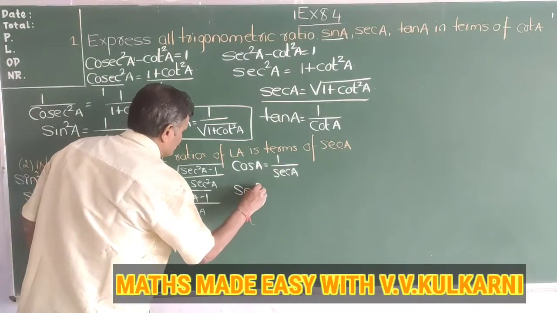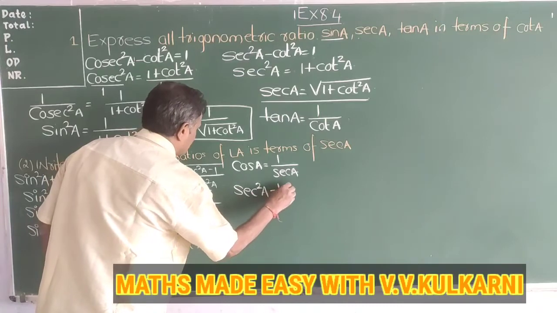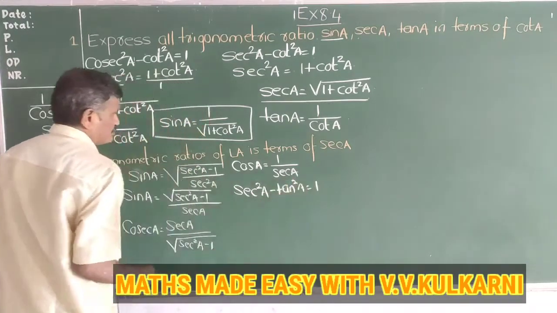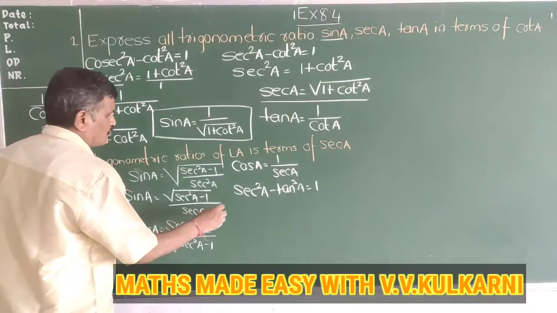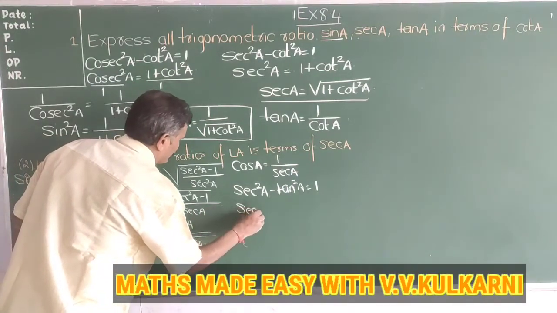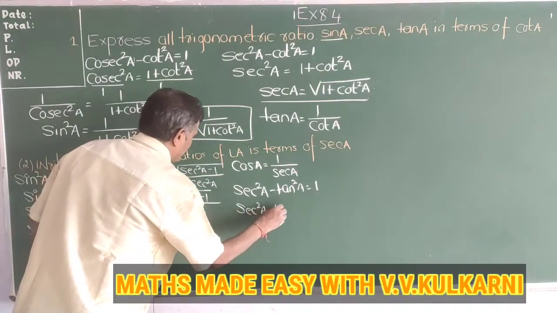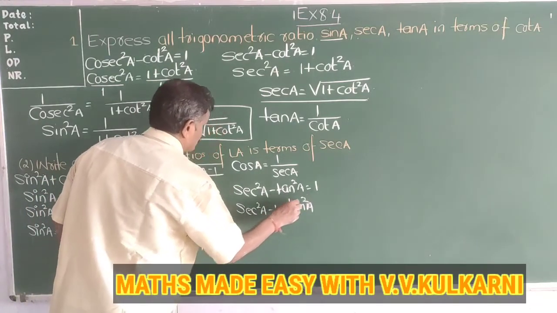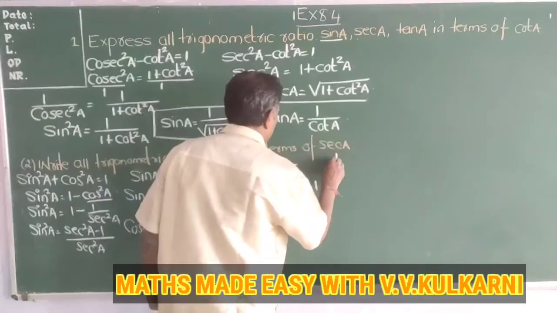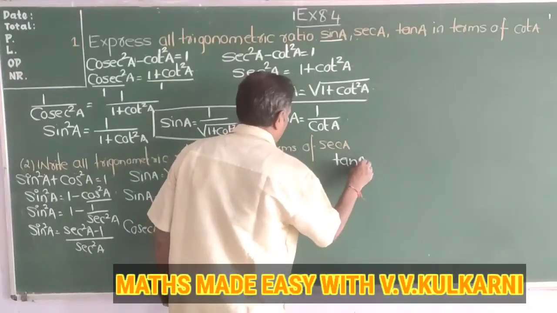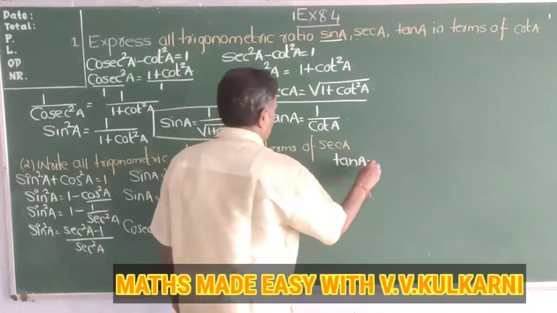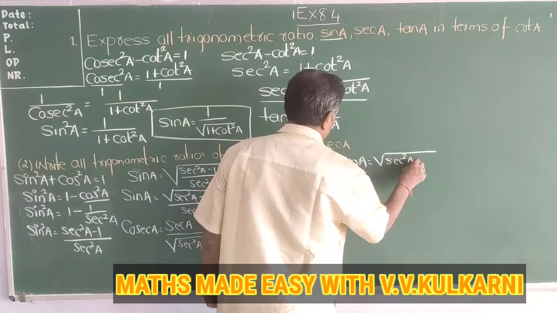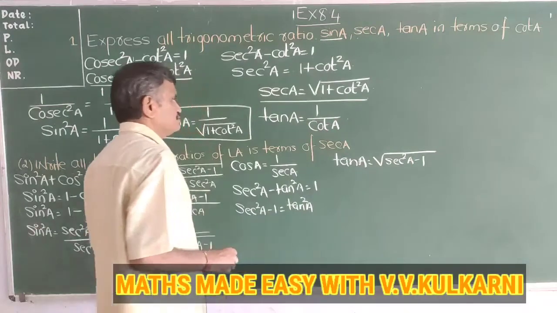See here, secant square A minus tan square A is equal to 1. So what I'll do is secant square A minus 1 is equal to tan square A. So if you want tan A in terms of sec A, then tan A is equal to under root secant square A minus 1.